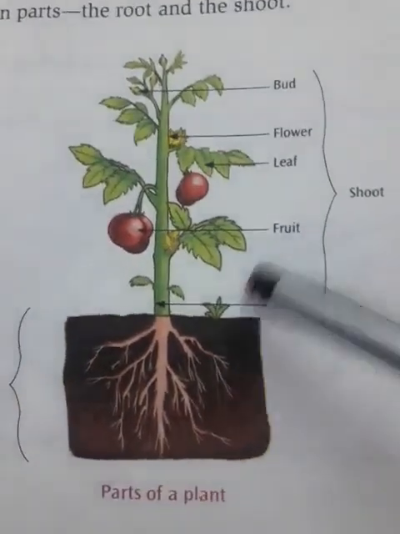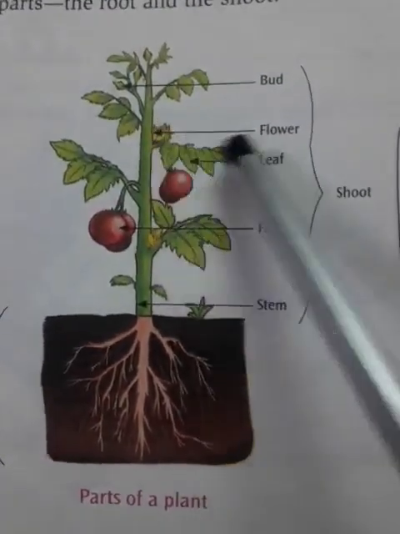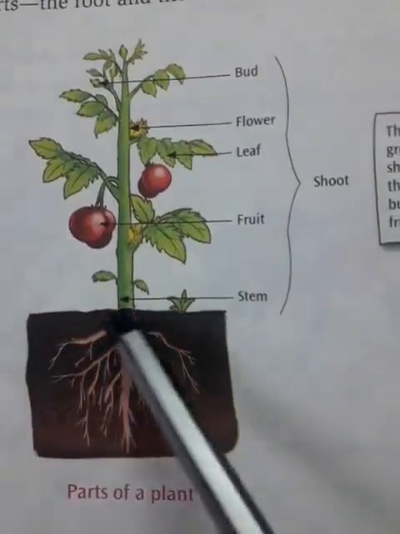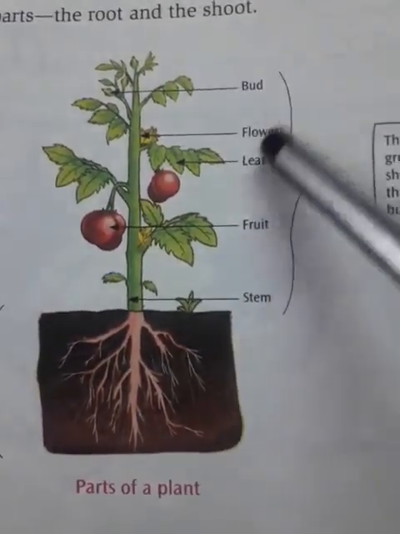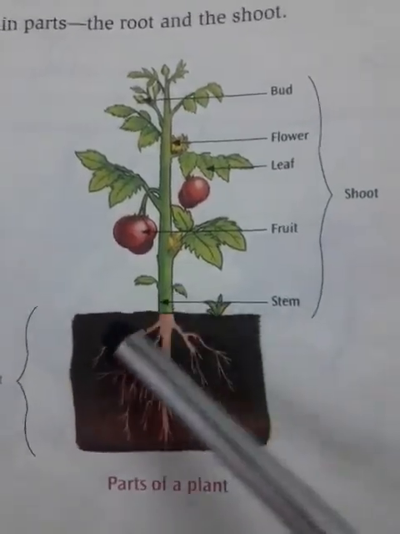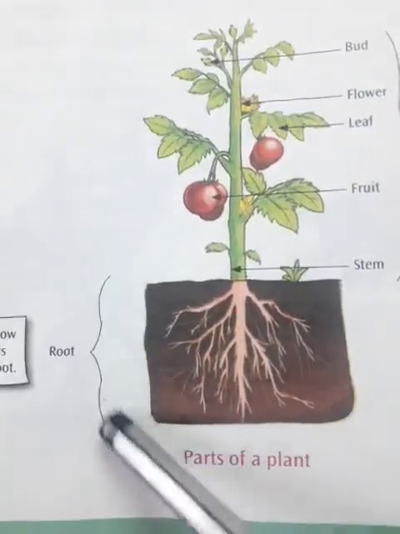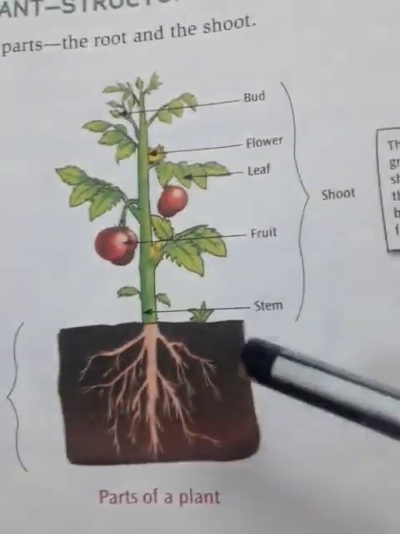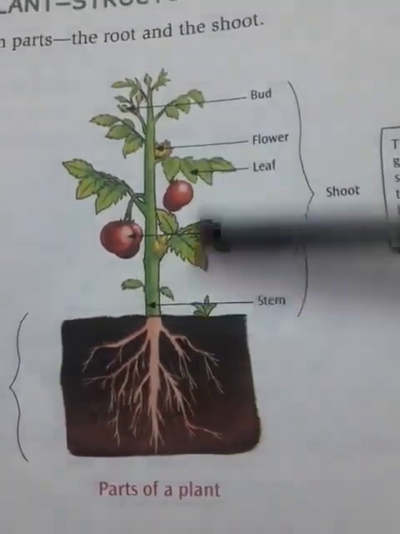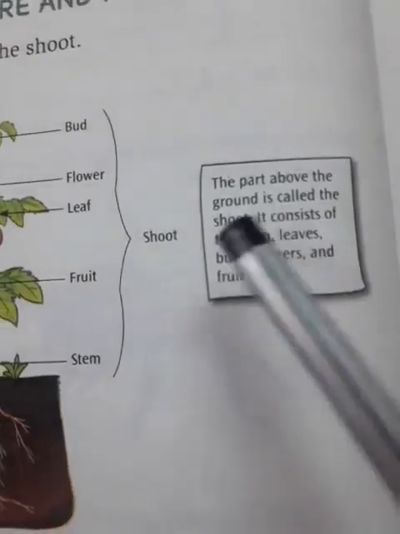Now can you see here the parts of a plant, where we have bud, flower, leaf, fruit and stem. This is the shoot part. And can you see this? This is the root part. The part above the ground is called the shoot.